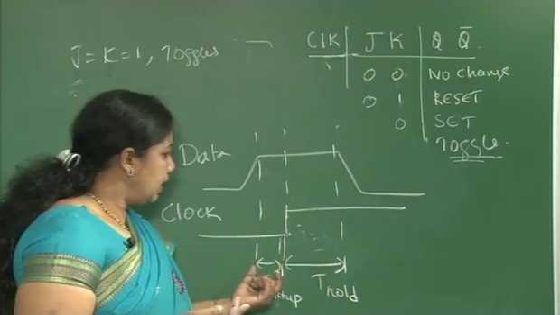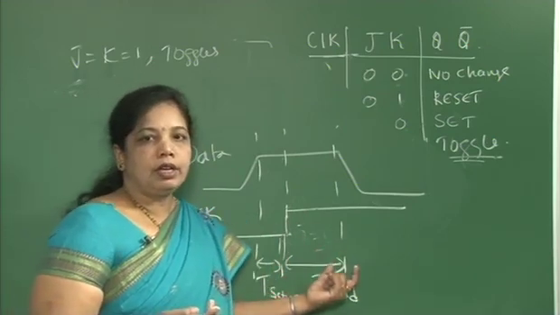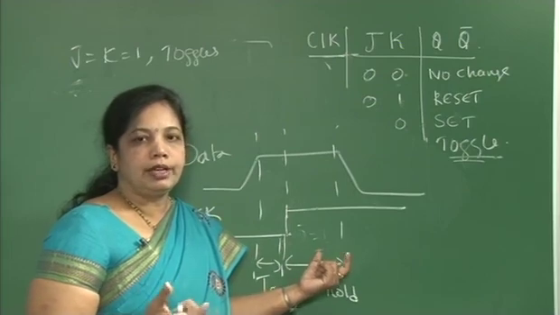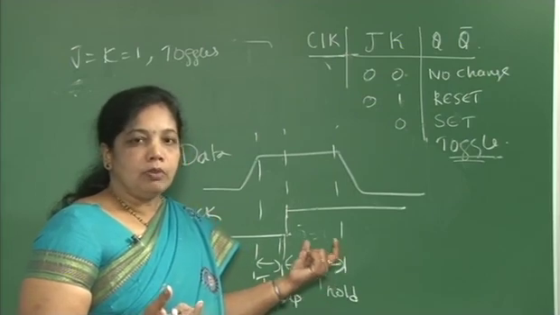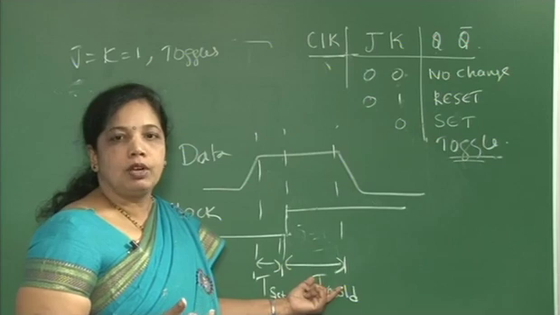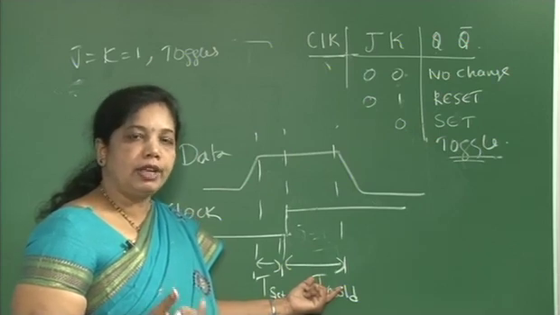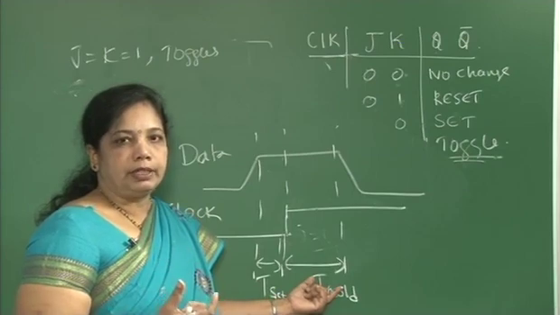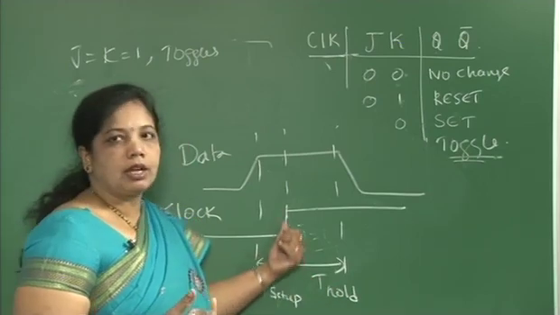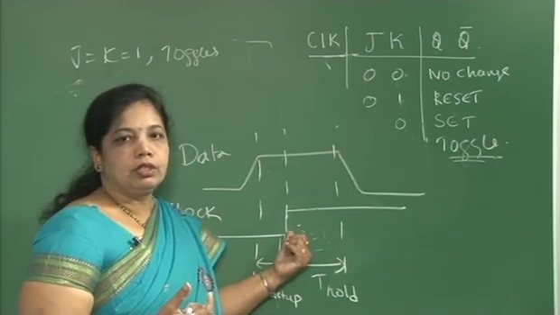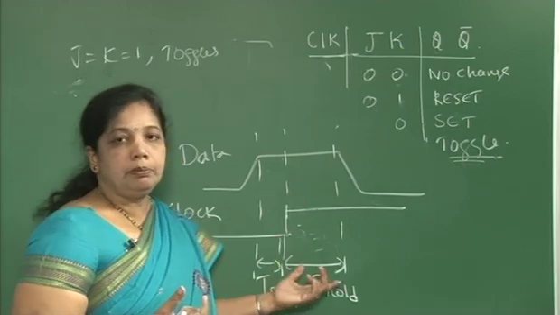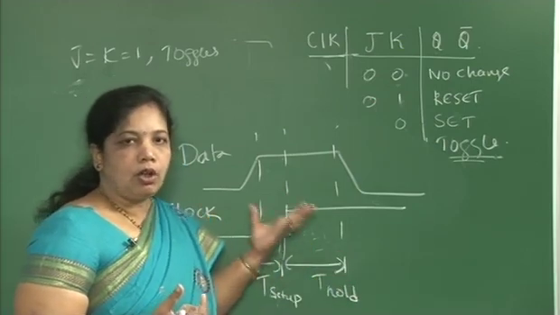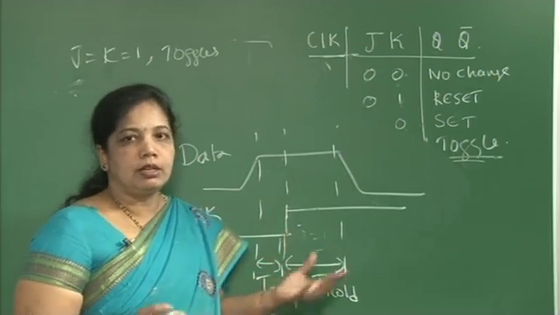So hold time and setup time are very much important in order to hold your data. I can also define hold time as the minimum amount of time that the data bit must be present after the positive transition of the clock. So this is nothing but setup time and hold time. It all depends on the switching time of the transistors.